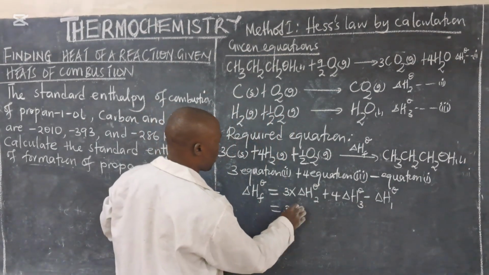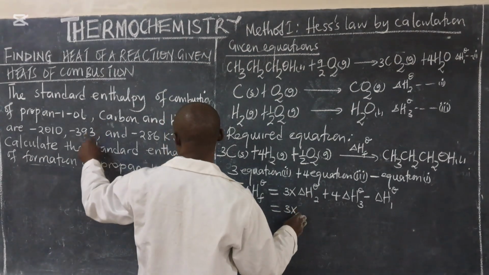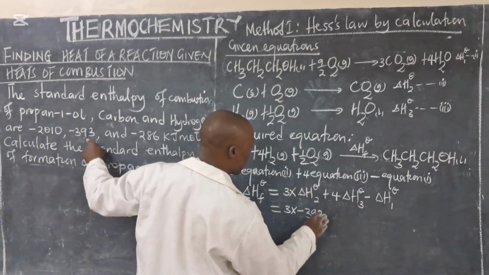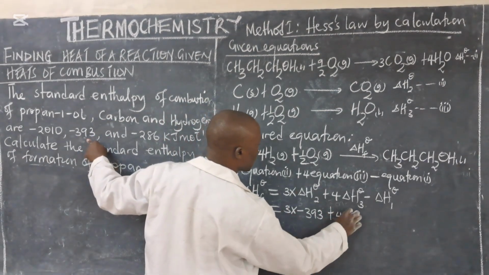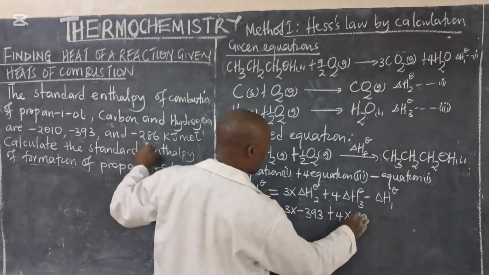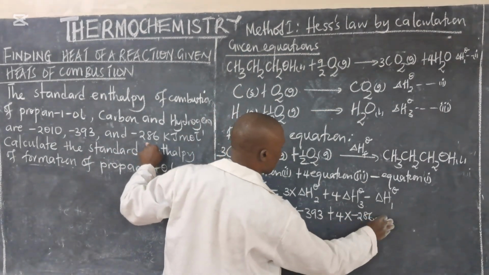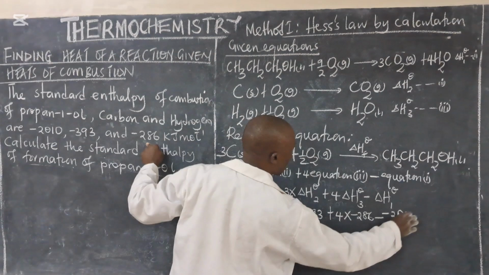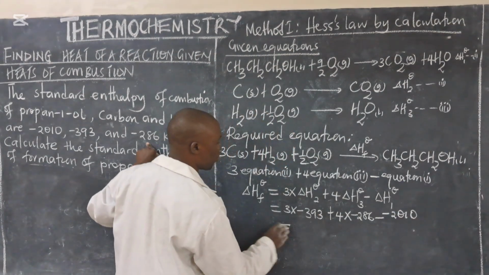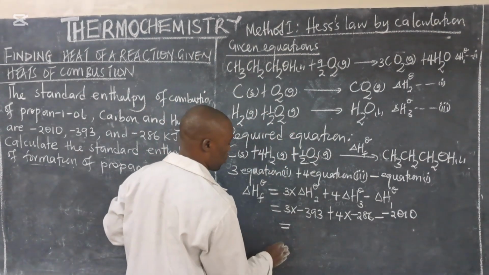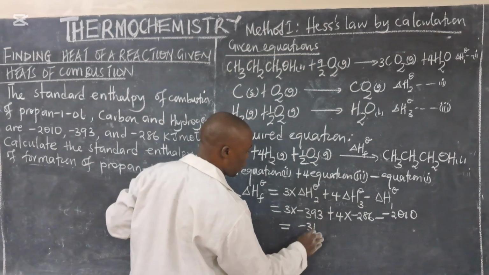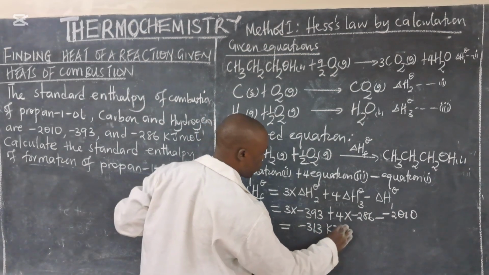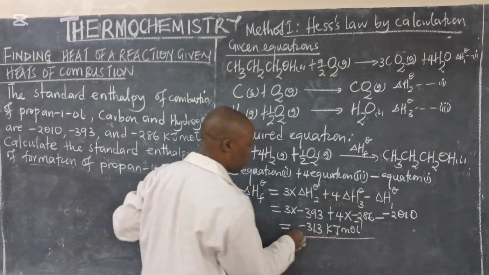Substituting the values: the combustion of carbon is negative 393, plus this for hydrogen, which is negative 286, then minus this for propan-1-ol, finally yielding negative 313 kilojoules per mole.